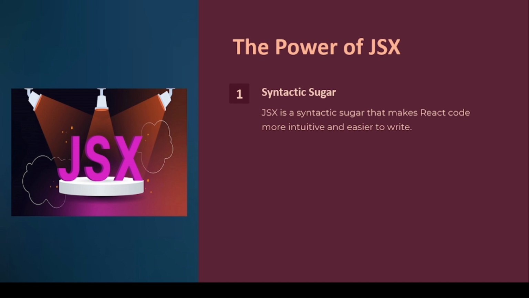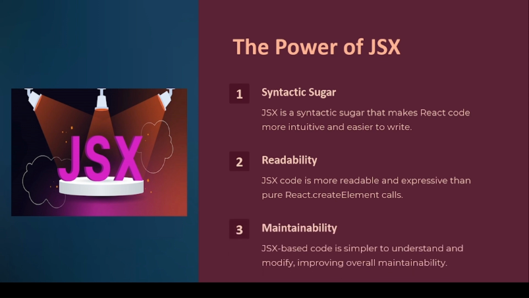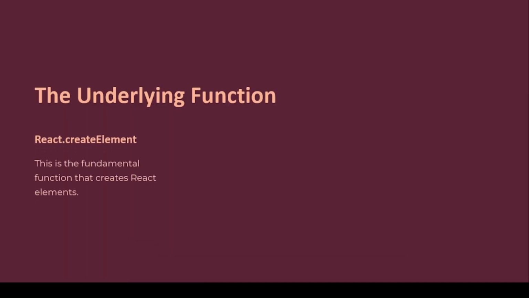JSX is simply a syntactic sugar that makes React code more intuitive and easier to write. JSX code is more readable and expressive than pure React.createElement calls. And JSX-based code is simpler to understand, to modify, and also improves the overall maintainability. So we can say that React.createElement is the fundamental function that creates the elements, and JSX is just a syntactic sugar over it so that your code doesn't become complex.